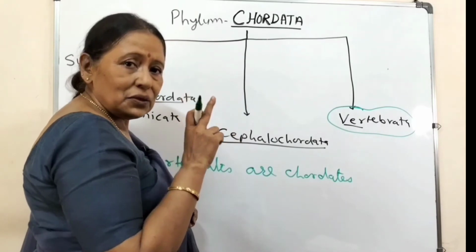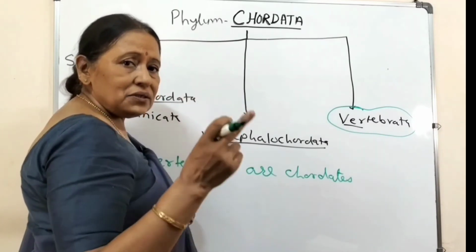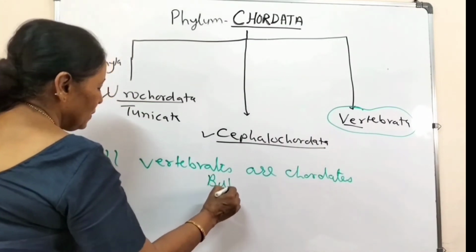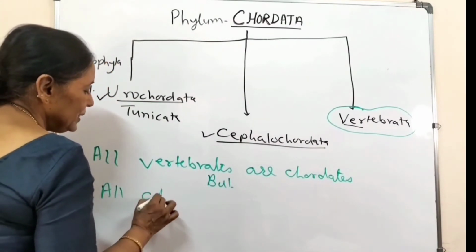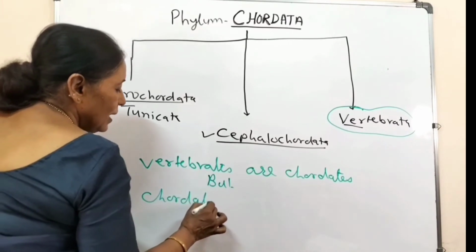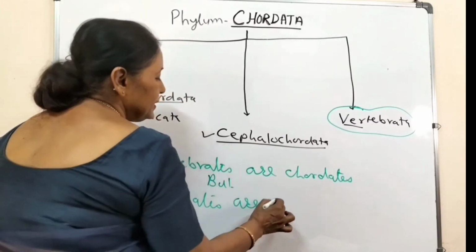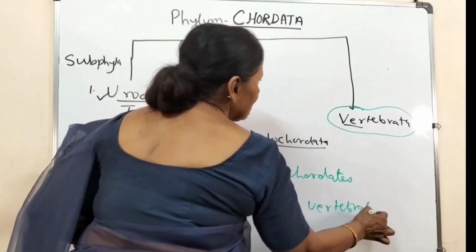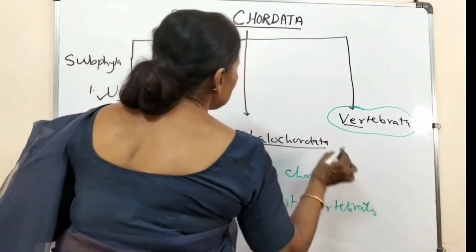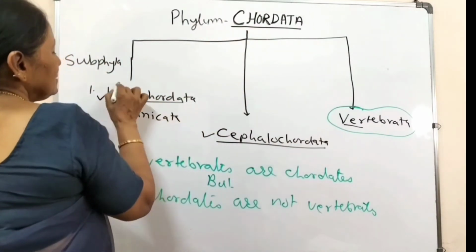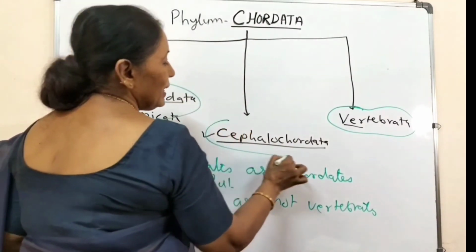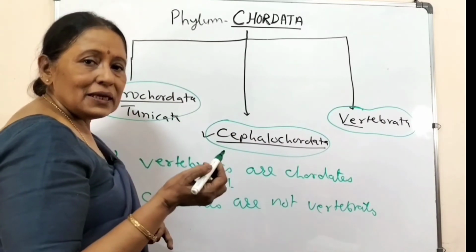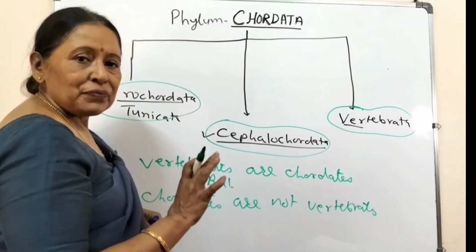That's why they were placed in Chordata. Then the notochord changed into vertebral column. But all chordates are not vertebrates, because Chordata also contains Uro-chordata and Cephalo-chordata. That's why all chordates are not vertebrates, but all vertebrates are chordates.